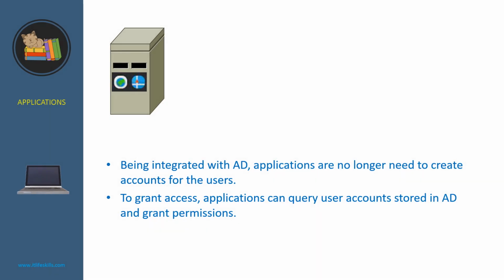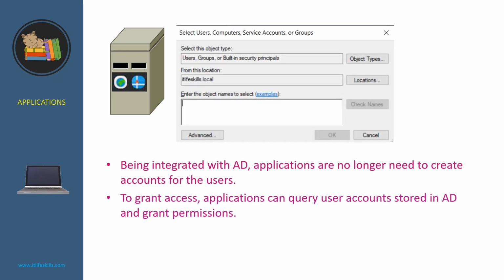How do applications grant user access? Being integrated with Active Directory, applications no longer need to create accounts for the users. To grant access, applications can query user accounts stored in Active Directory and grant permissions.